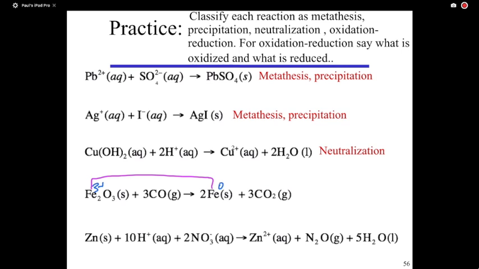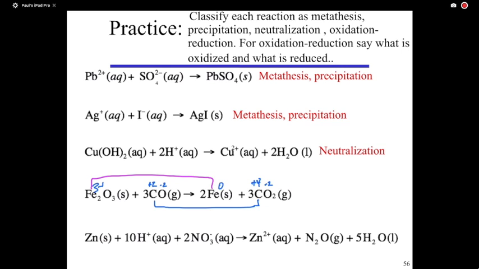That's not just a metathesis reaction. I can calculate the oxidation state of oxygen is a minus 2. Here, carbon has to be a plus 2. Here, oxygen is a minus 2. I have a total of 2 of them, minus 4, so here it's a plus 4. So I go from a plus 2 to a plus 4.